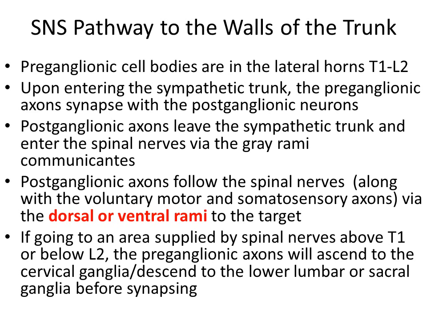But if we are going to areas that have a dermatome or a myotome of T1 to L2 or possibly L3, there's no need to ascend or descend. They will simply synapse at the same level where they are located.